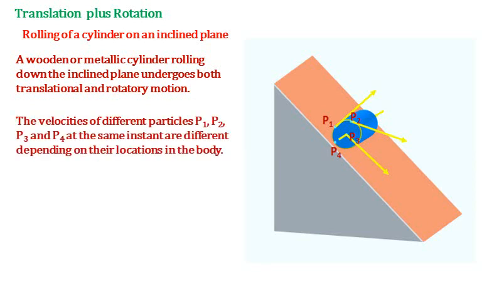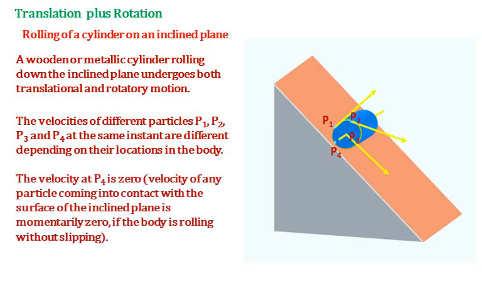The velocities of different particles P1, P2, P3 and P4 at the same instant are different depending on their locations in the body. The velocity at P4 is 0, as the velocity of any particle coming in contact with the surface of the inclined plane is momentarily 0 if the body is rolling without slipping.